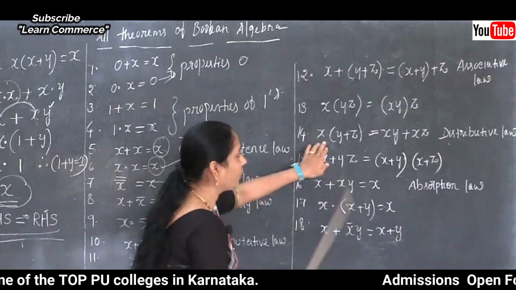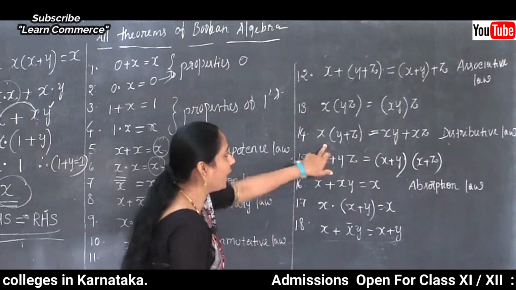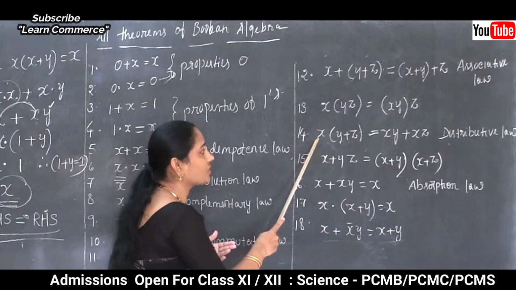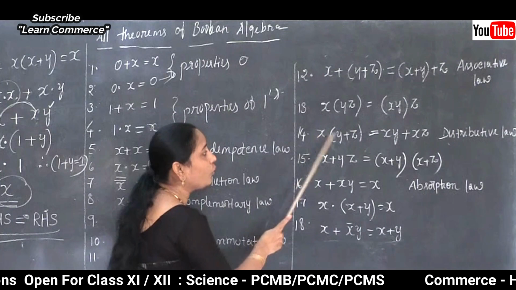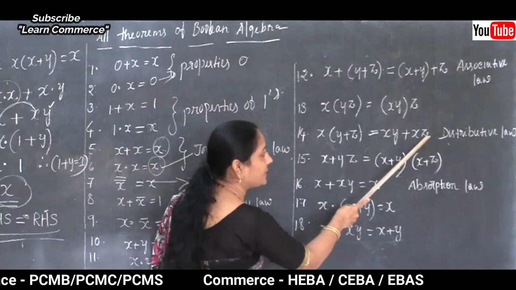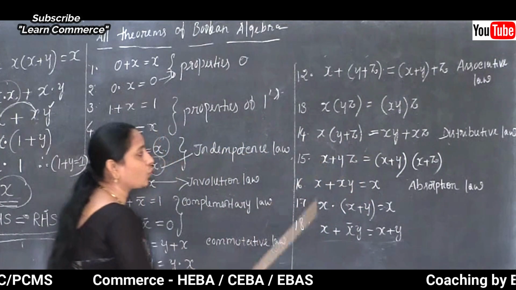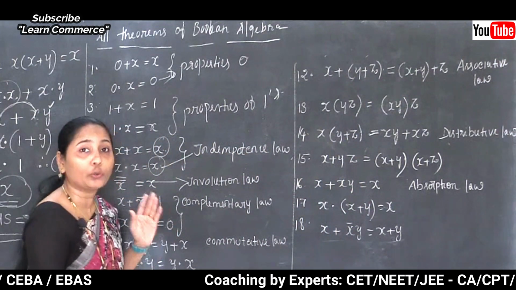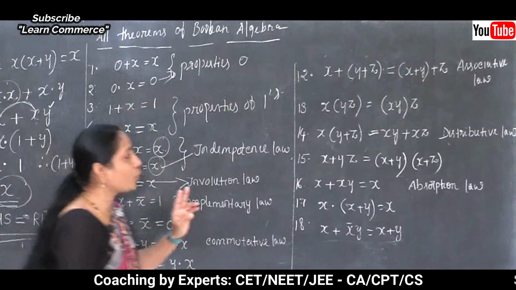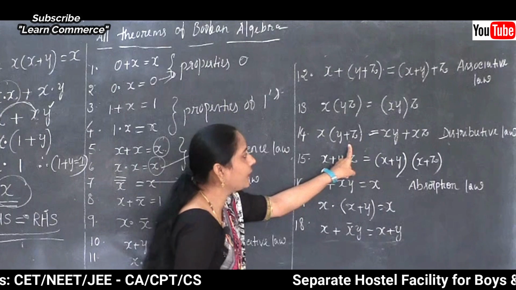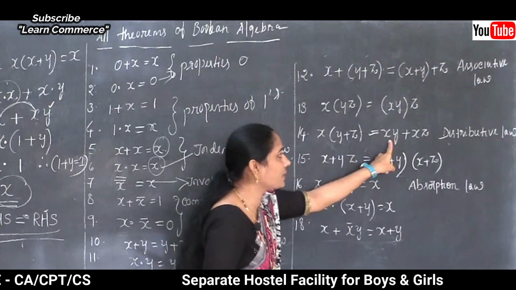Now let's talk about the distributive law. According to this law, x and (y plus z) is equal to xy plus xz. Clear this point? And not just one law is called the distributive law. In the distributive law, there are totally 3 laws. The first one is x and (y plus z) is equal to xy plus xz.